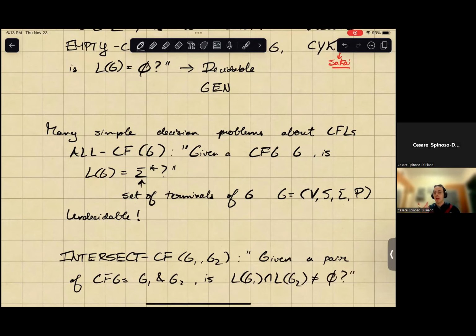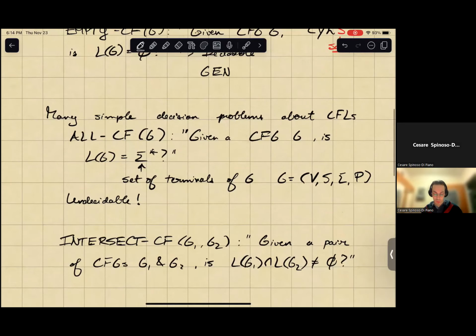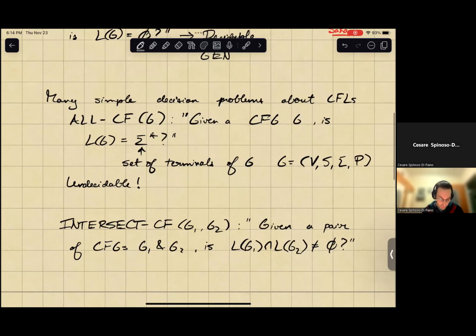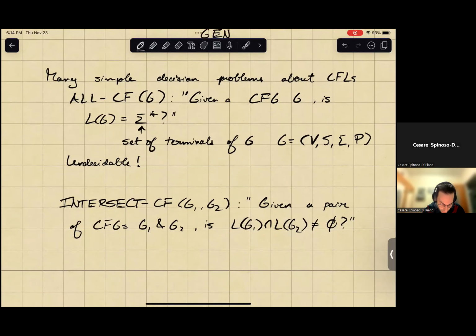So it's asking, are there any strings in common between L of G1 and L of G2? If yes, then the solver for intersect CF should output yes. If no, then it should output no. And because I have infinite time in video recordings, we'll actually be able to show that this is undecidable as well, something that we didn't get to do during the lecture. So this is also undecidable.